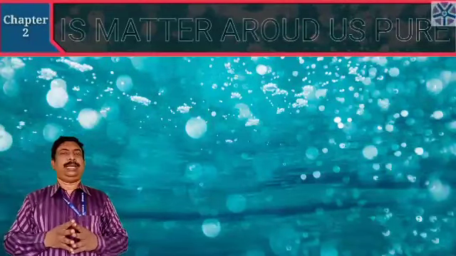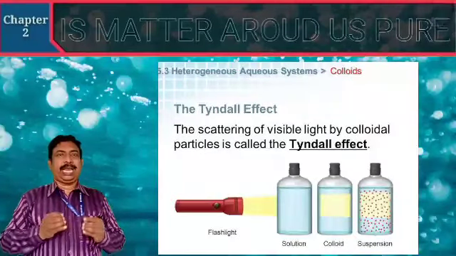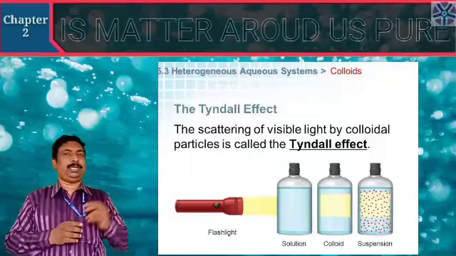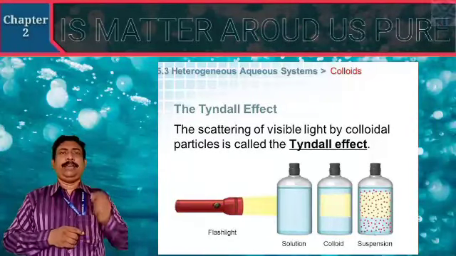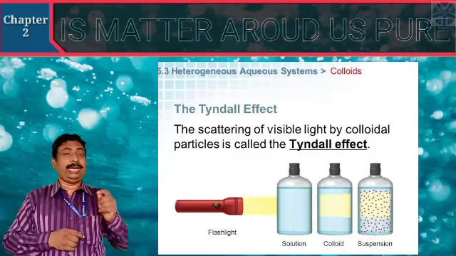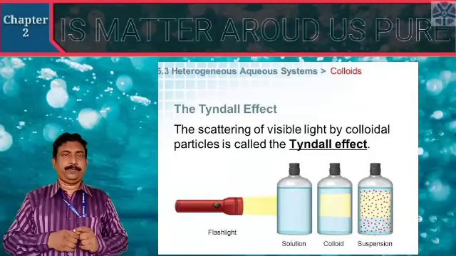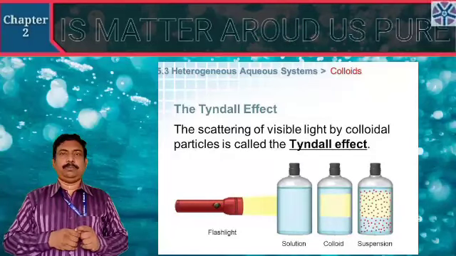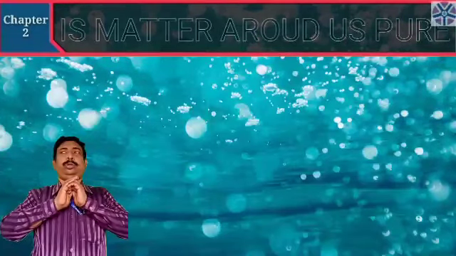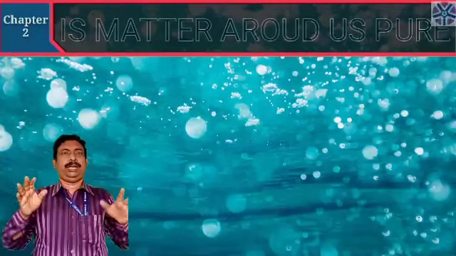First of all, what is the Tyndall effect? When light falls on any particle, that light gets scattered and we are able to see that particle. If the size of the particle is very small, can it scatter the light so that we can see it? Mostly the answer is no. But imagine you are in a closed room completely filled with dust.